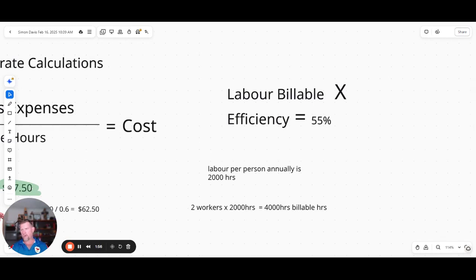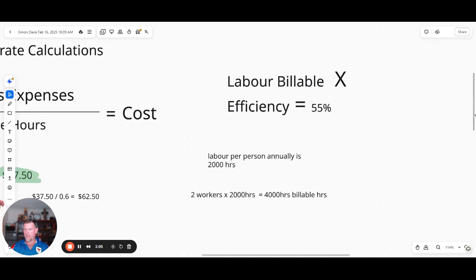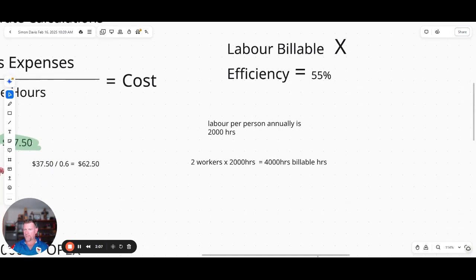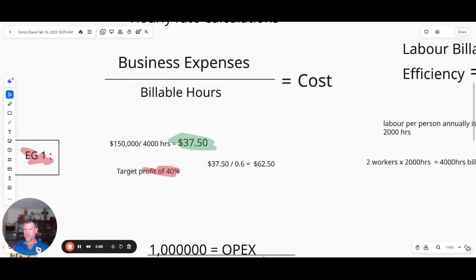So what I want to do here is do an example for you. We have two workers at 2,000 hours equals 4,000 billable hours. And we're going to push that over to here. So we've got our business expenses, and now an example one, small business: operating expenses are costing about 150,000 for the year.